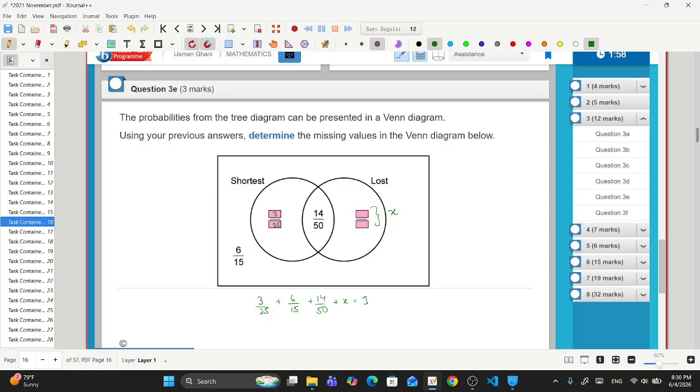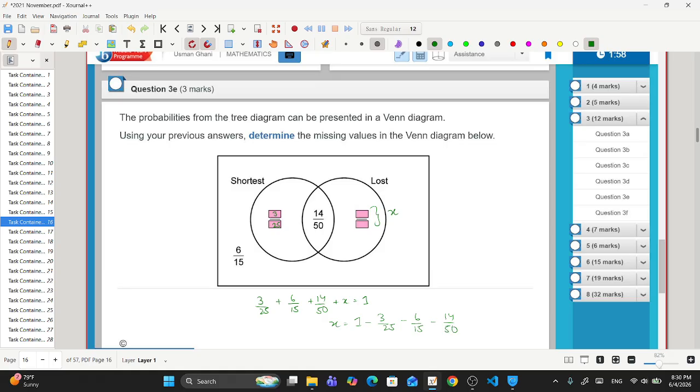So x equals 1 minus 3 over 25 minus 6 over 15 minus 14 over 50. Solve it.